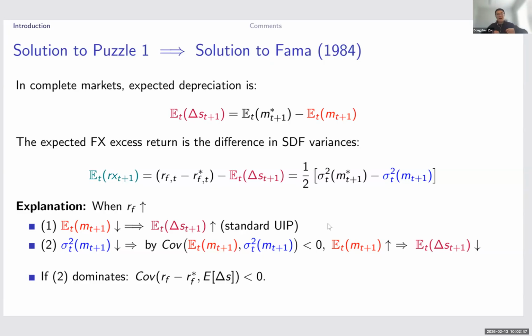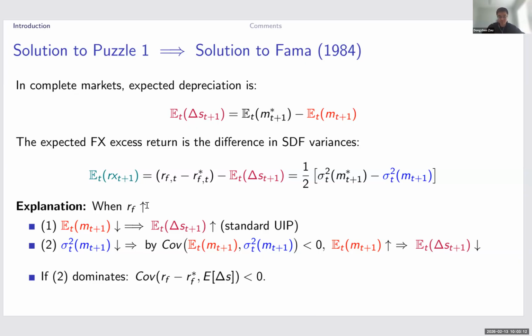Why? Because I do less precautionary saving, so I care more about my continuation utility. So I save relatively more than I should have today, which pushes the domestic currency up. So if the second channel dominates, then we will see positive covariance between the interest rate differential and the domestic currency appreciation.